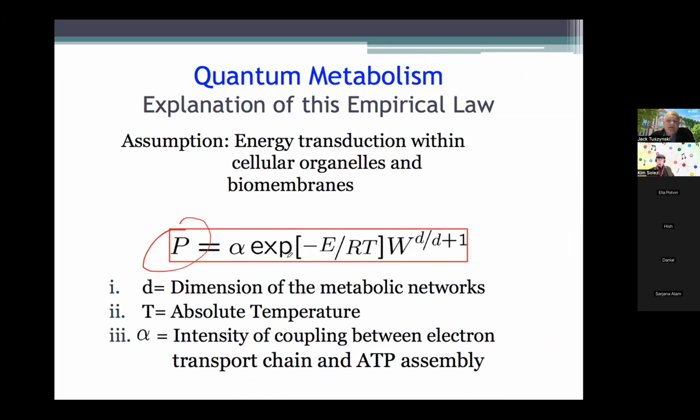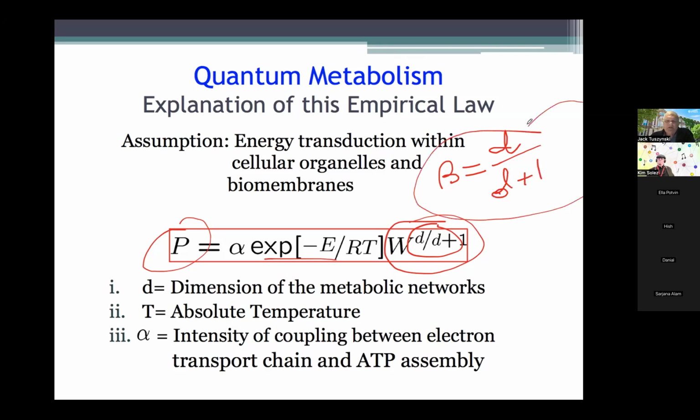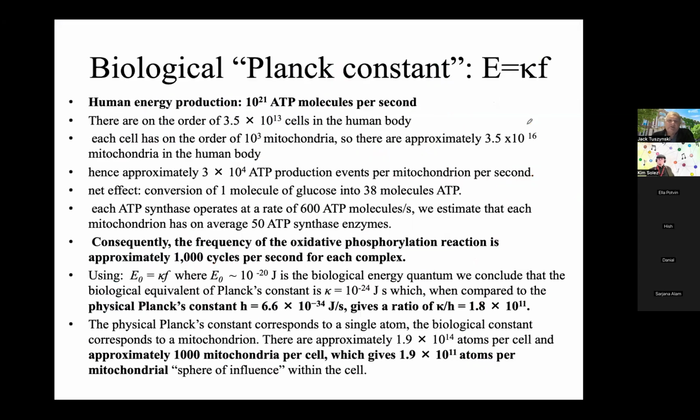So there's that from Mitchell theory. But the main result is this: the beta exponent is related to the dimensionality of these coupled oscillators, metabolic oscillators, and that's completely consistent with the observations.